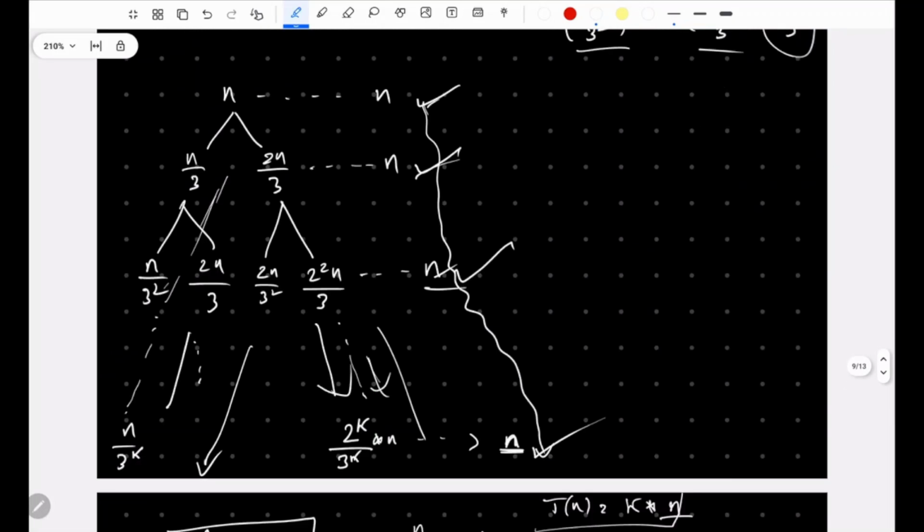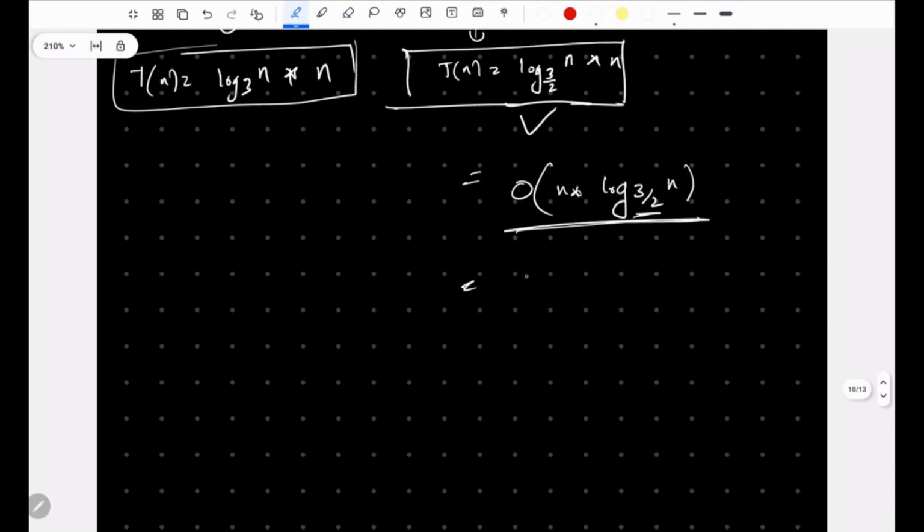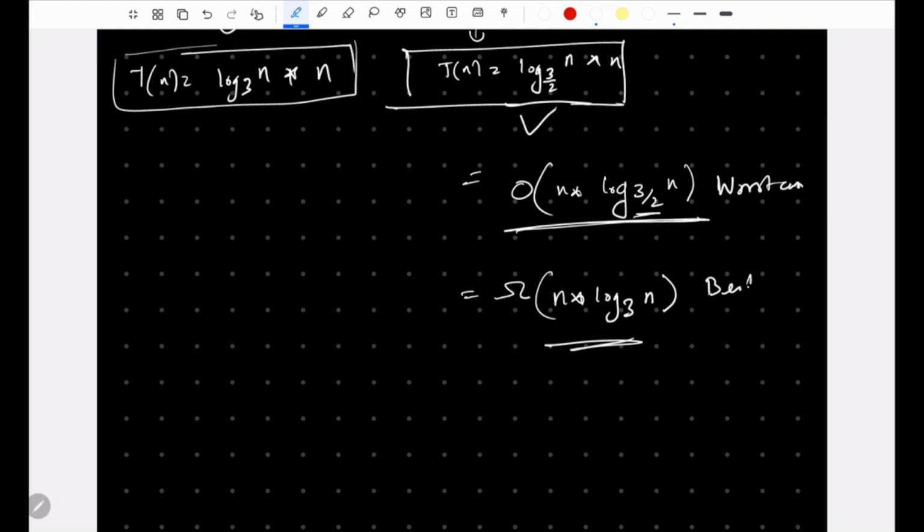If we compare 1 by 3 and 3 by 2, this is larger. This is 1.5 something and this is 0.something. So this will be the big O. And what will be the theta? The best case will be omega of n into log base 3 of n. So this will be the worst case and this will be the best case.